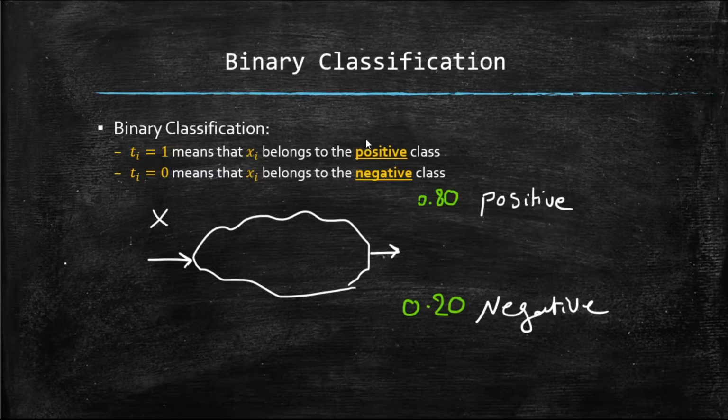So if 80% is the chance of x belonging to class positive, the only share that would remain for the negative class would be 20%. If your machine learning algorithm spits out such numbers, then you would say that you're fairly confident that x belongs to class positive.